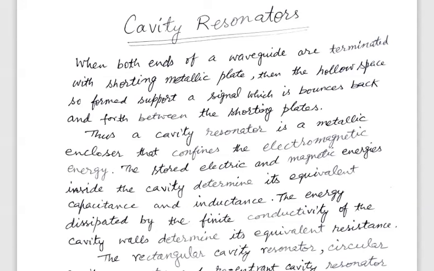Thus, a cavity resonator is a metallic enclosure that confines the EM energy.